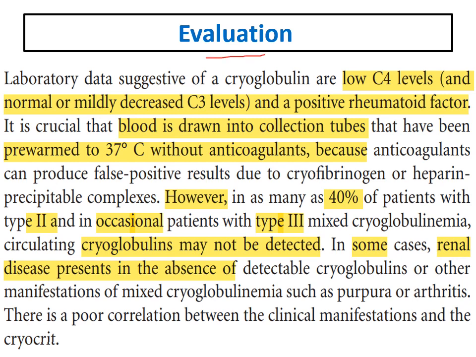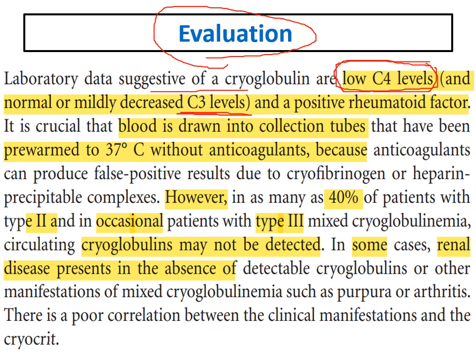What about the evaluation? What are the investigations that are suggestive of cryoglobulins? The most important is a low level of C4 and normal C3. Again, the most important is consumed C4 and normal C3, and a positive rheumatoid factor.